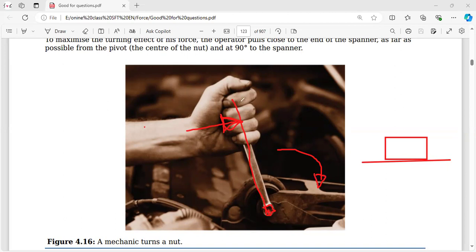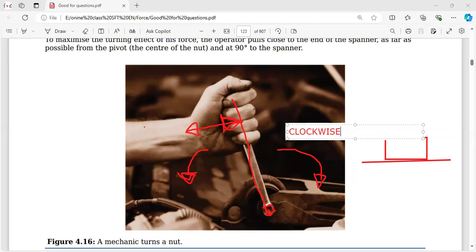And if you put the force on the other side, the opposite way, it rotates in the left-hand direction. However, in force moment cases, the technical term is not right side or left side. We call this clockwise and anti-clockwise.